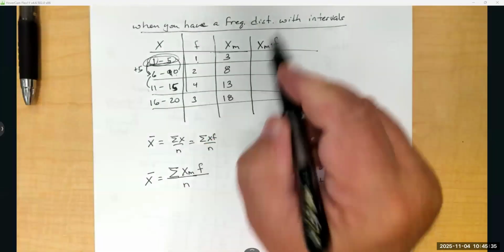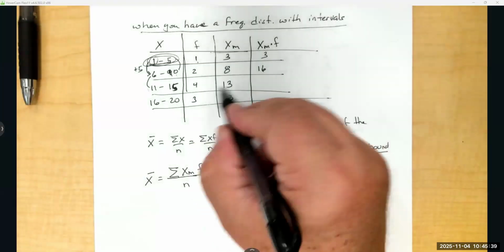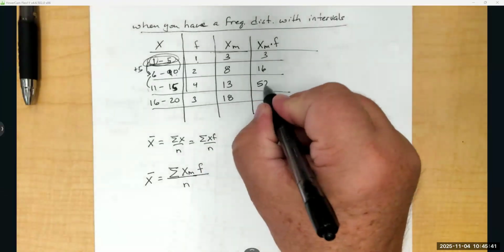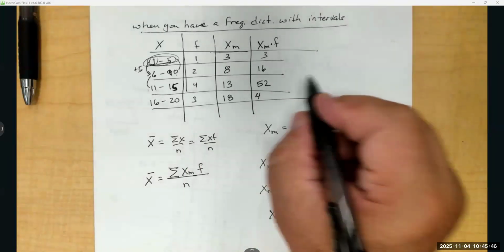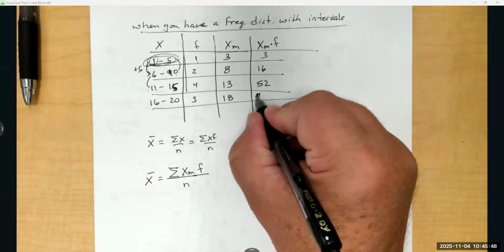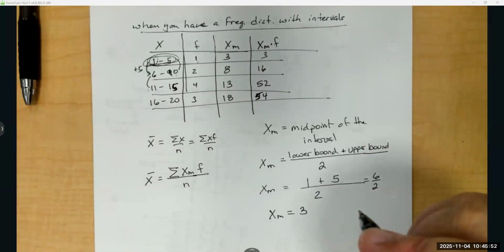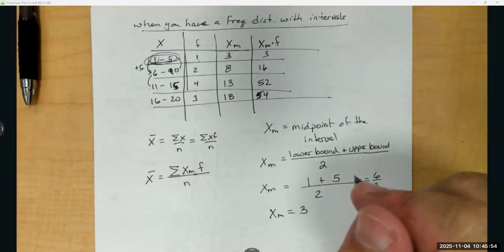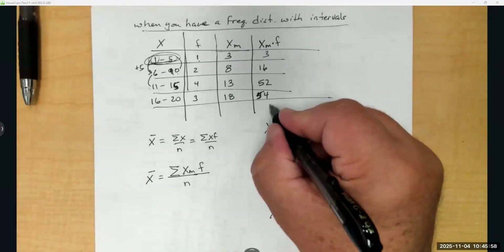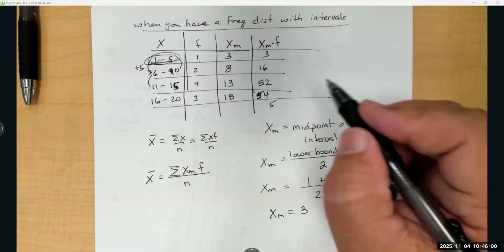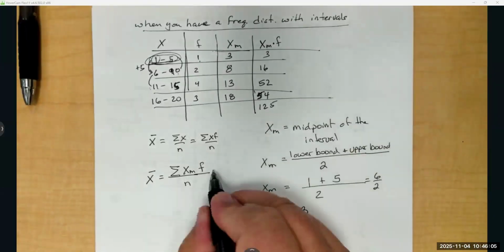So 1 times 3 is 3, 2 times 8 is 16, 4 times 13 is 52, 3 times 18 is 54. Add up all those. You get 125.